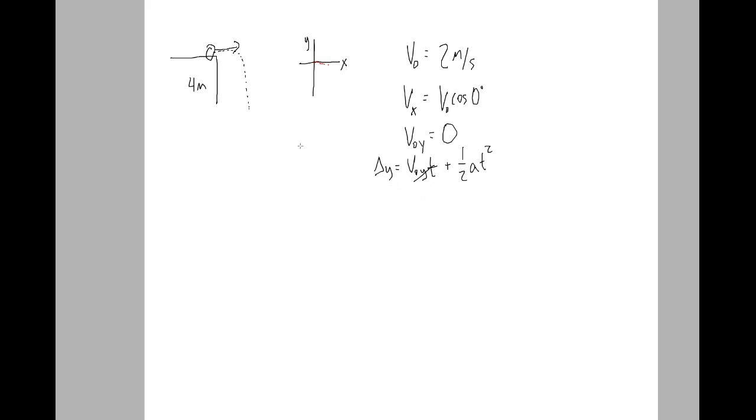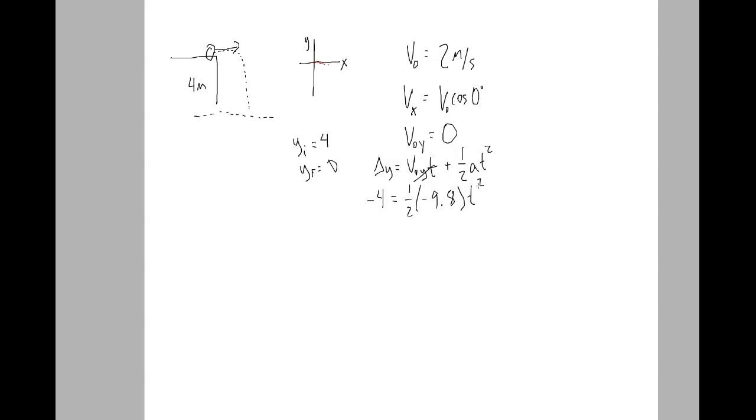Our y initial is going to be 4. Our y final is going to be 0, because I would make the ground 0. So delta y in this case is going to be -4. And that equals 1/2 times -9.8, and again t squared.